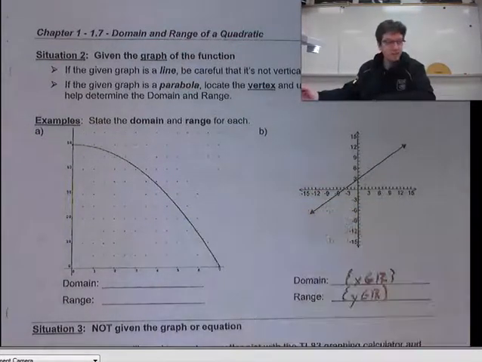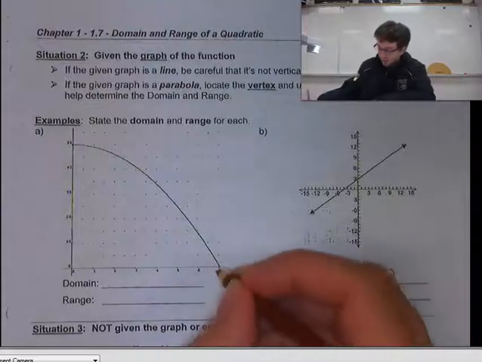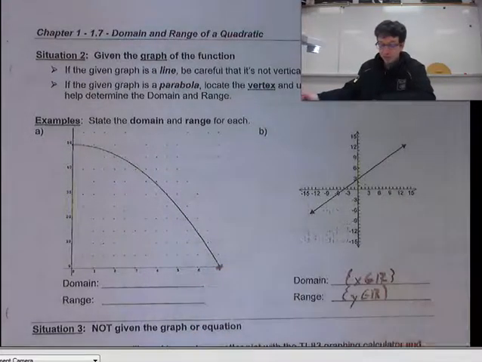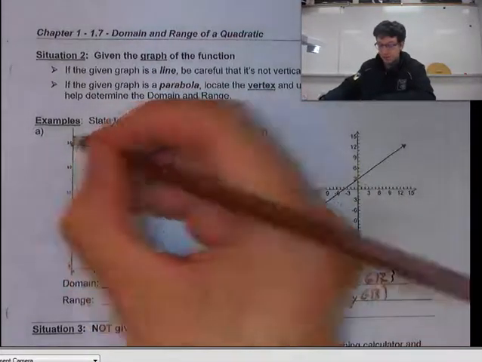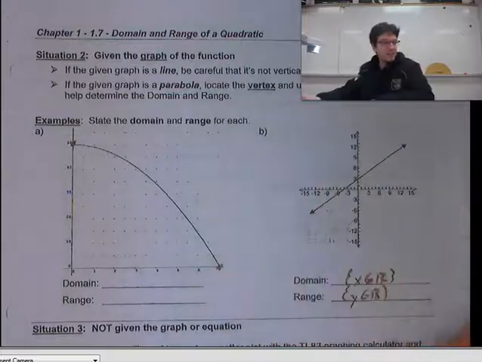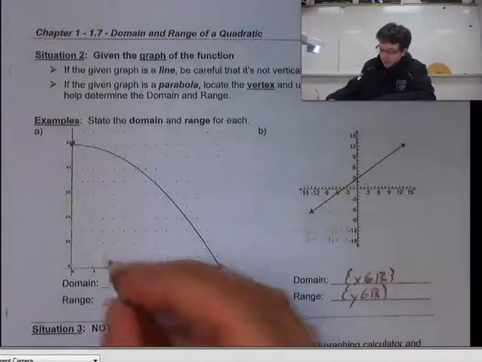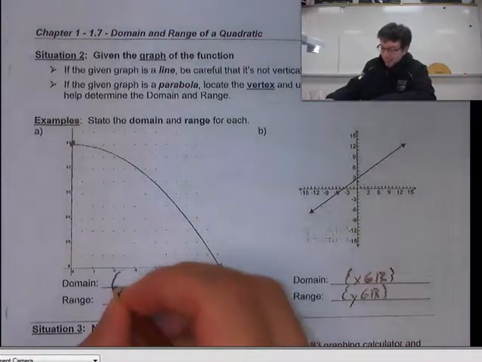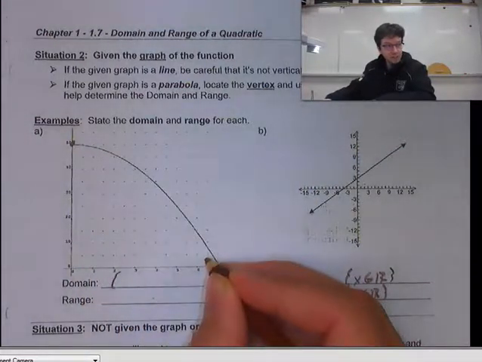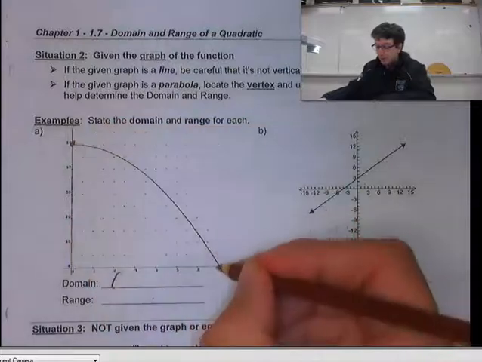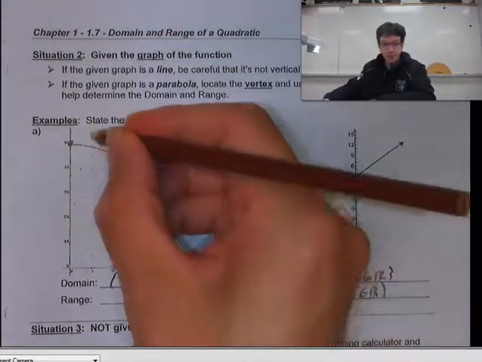This one, however, we have conditions. Right? It touches that point but stops. It touches this point but stops. And these are examples that you can see in the real world. Real world examples don't usually go on forever. So if we're going to look at the domain, well, again, it's a continuous function, right? In between these two points, it exists everywhere on that line.